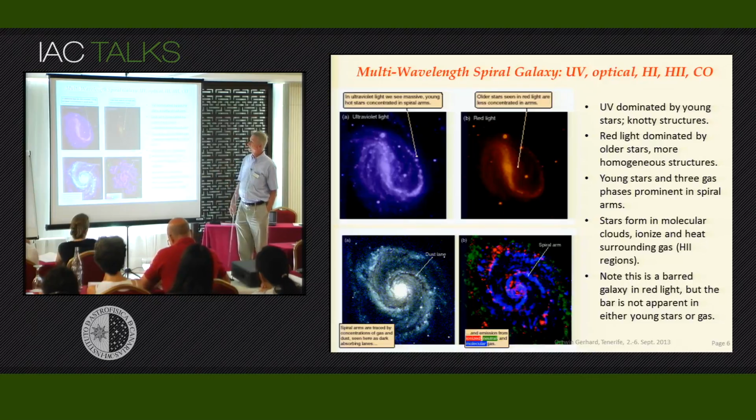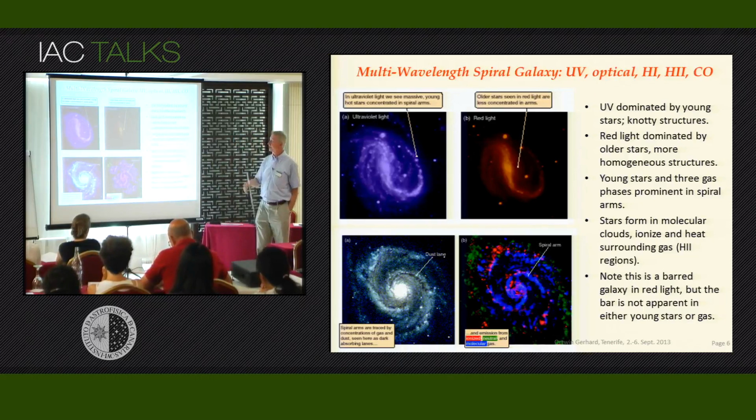The near-infrared is to a much larger degree due to the older stars, and therefore it shows more homogeneous structures. And when you look at this in different regimes, you also see that the gas phases tend to be concentrated in spiral arms, not entirely, but to some degree.